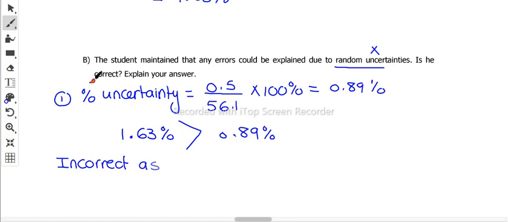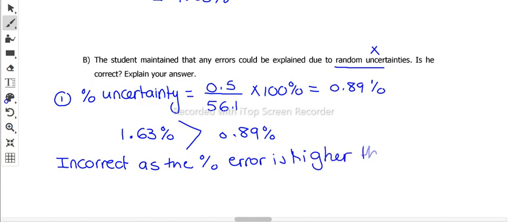As the percentage error is higher than the percentage uncertainty, this means that we have both systematic and random errors. So full stop.